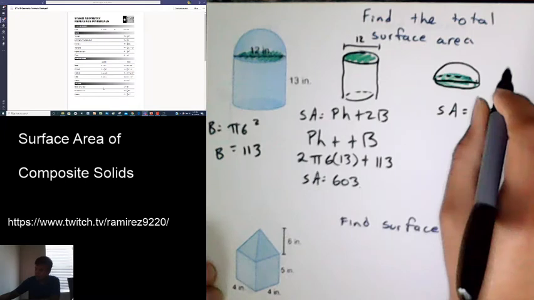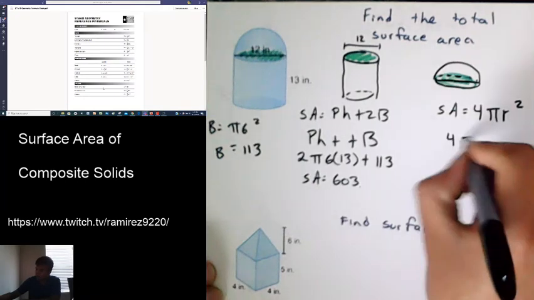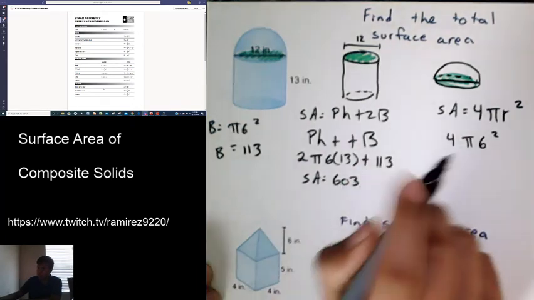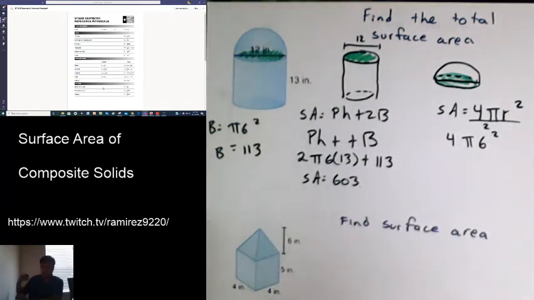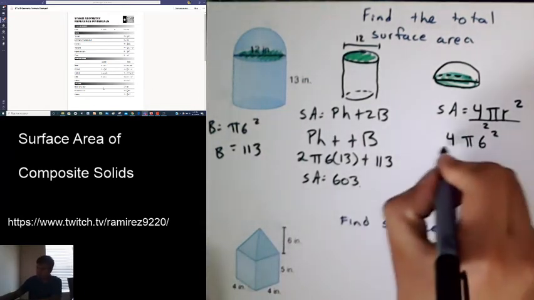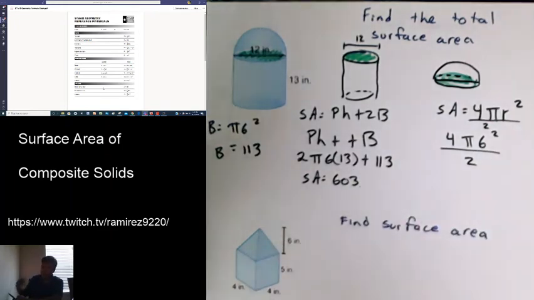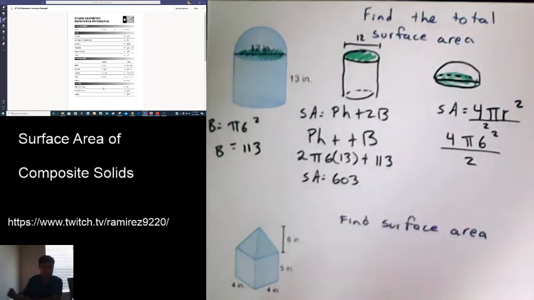My radius is the same as the radius over here, so my radius was just 6. So this is just 4 pi 6 squared. Also, keep in mind that this is for a full sphere, so we're going to have to divide this by 2, because I just want half. And no, I am not going to bother with the bottom part either, because it's not being exposed at that point.